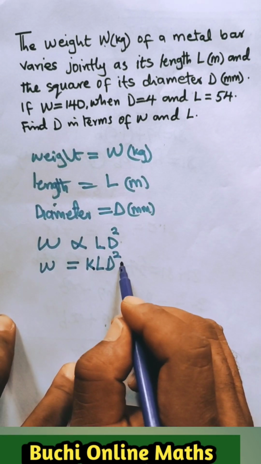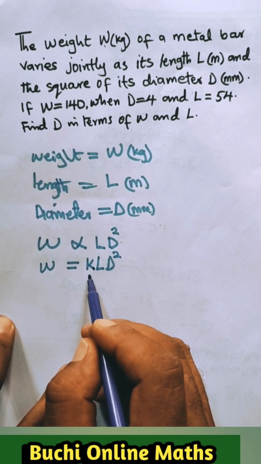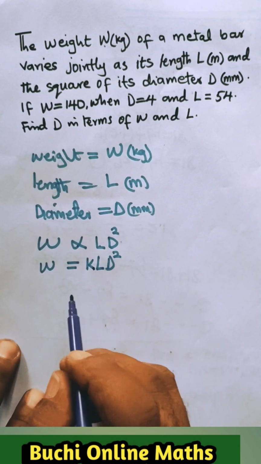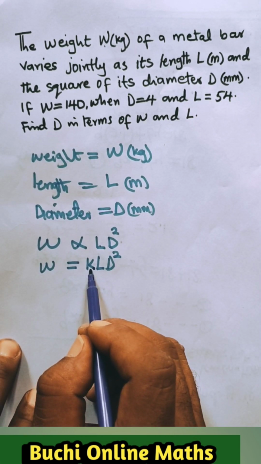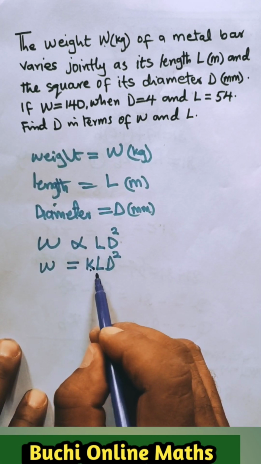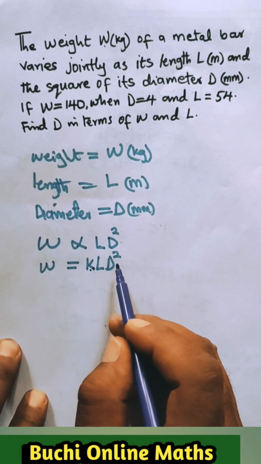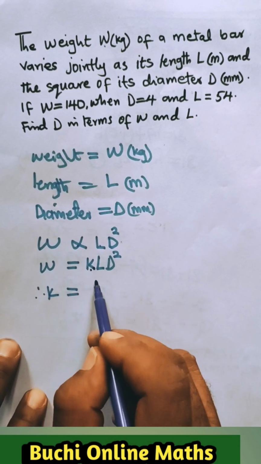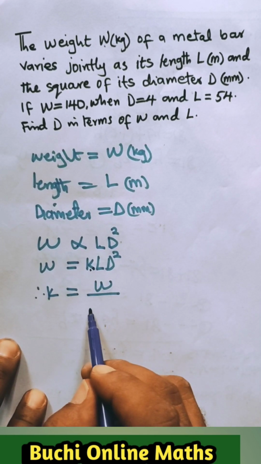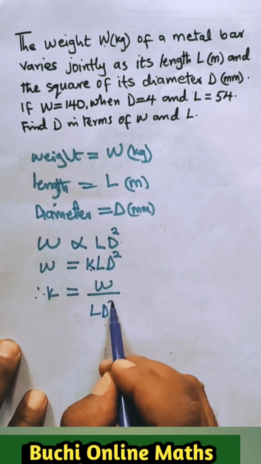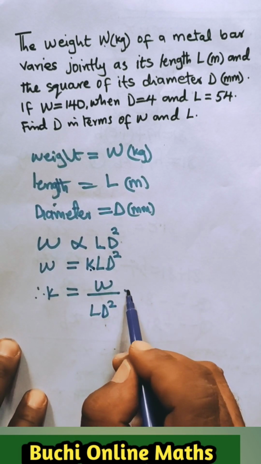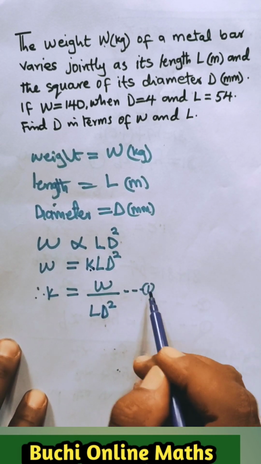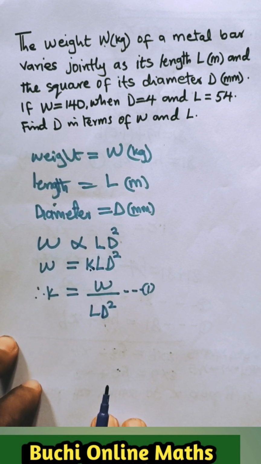Here we can now make k, which is a constant, subject of the formula. To make k subject of the formula, you have to divide both sides by L D squared. So this will give us k equals W over L D squared, and this we can call equation 1. This is our main equation.